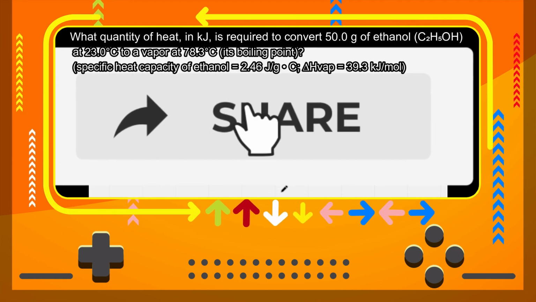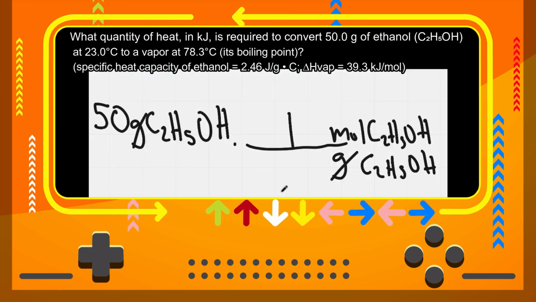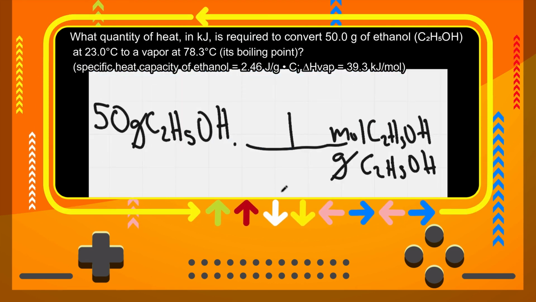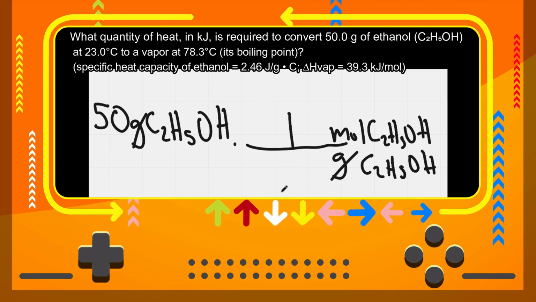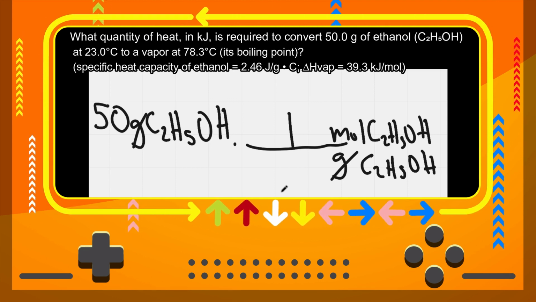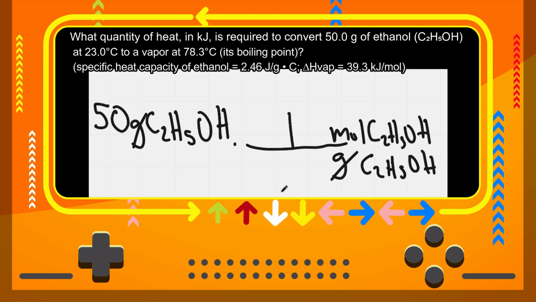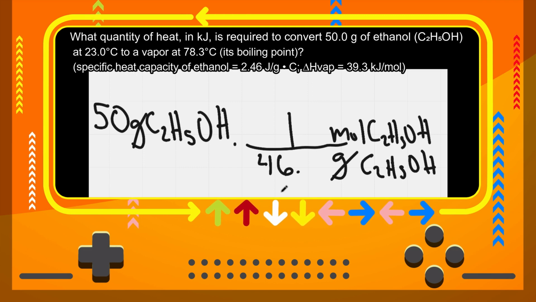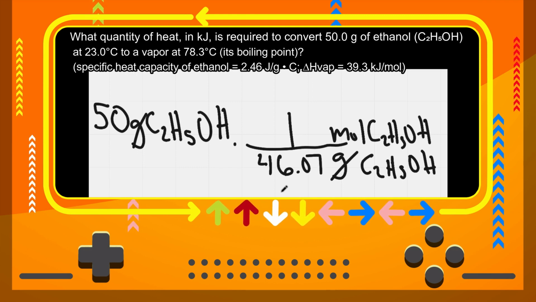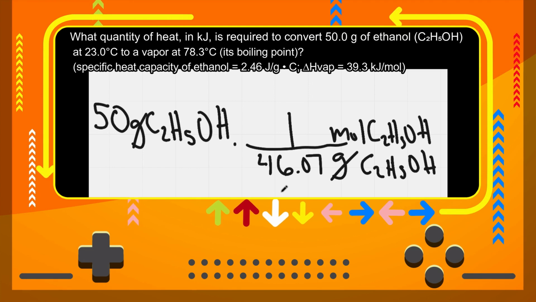Then 1 oxygen, 16. Where are we getting these numbers from? The periodic table. And then we got 1 more hydrogen, that's 1. When we add up all of our masses, we get 46.07 if I want to get technical.